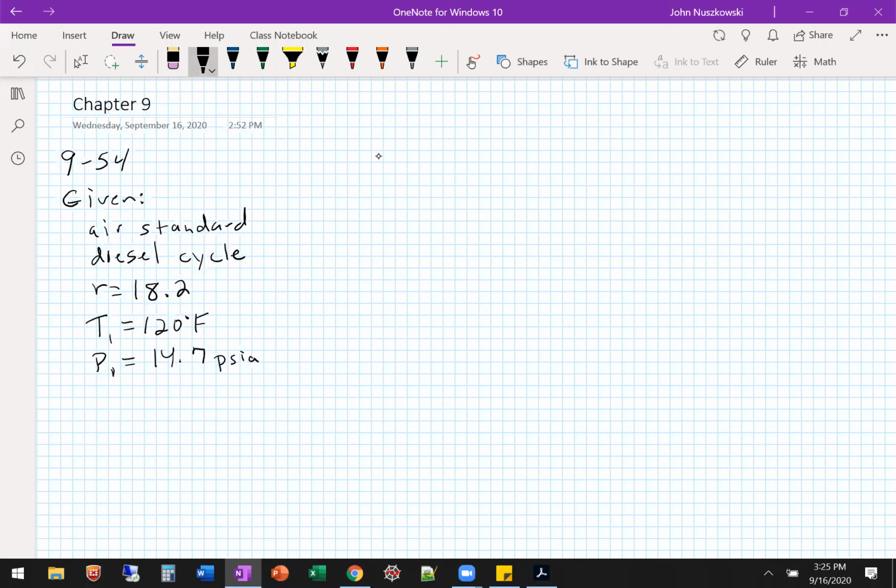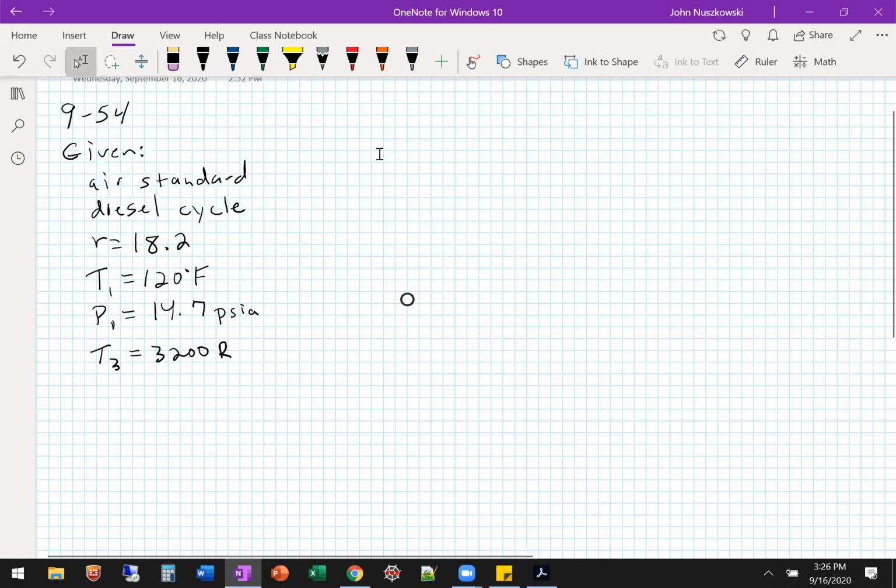Okay, and then we have the temperature at the end of the heat addition process. That's going to be temperature 3. Maybe you're unsure right now what state that is after the end of the heat addition process.